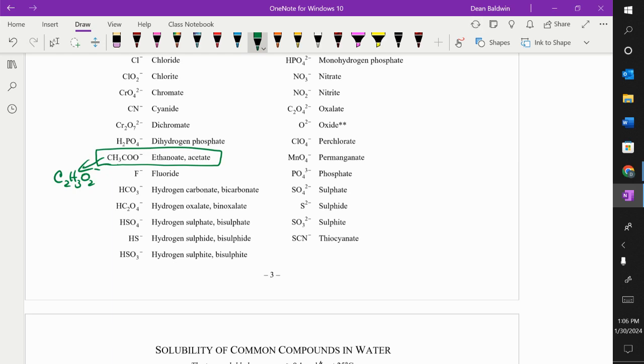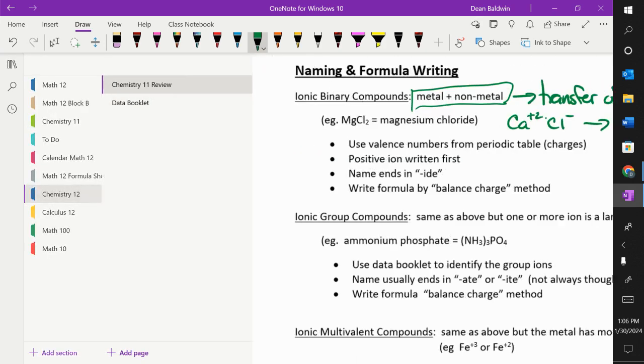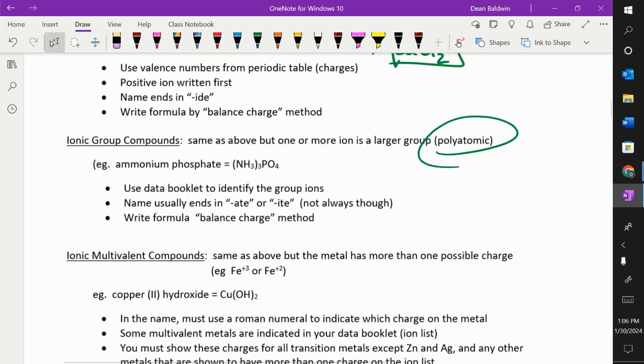Phosphate. Where's phosphite? Does it even have phosphite? Doesn't have phosphite. All right. So you get this data package, right? If I'm asking you to name something, we get the data package. So if we're naming these, NH4, if you look on your data package, has a +1 charge.